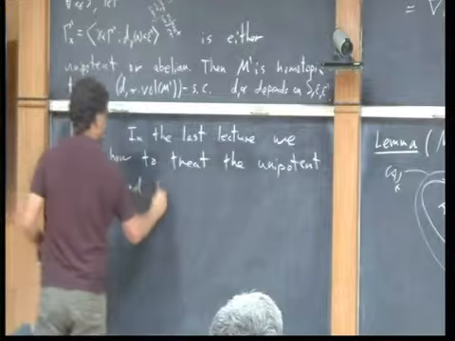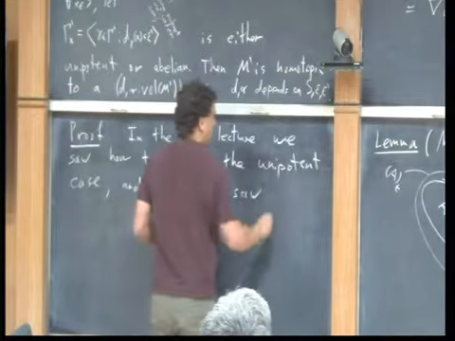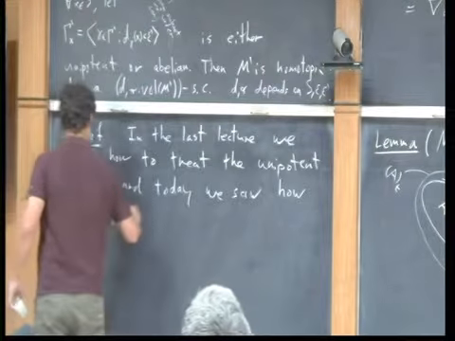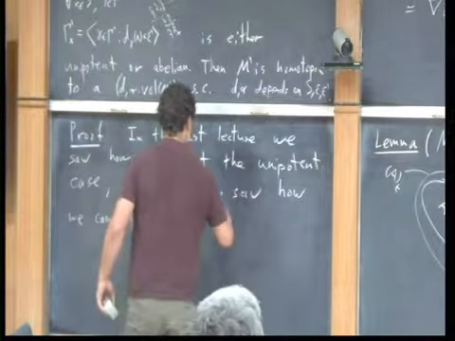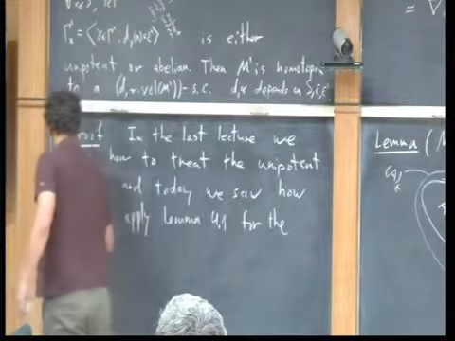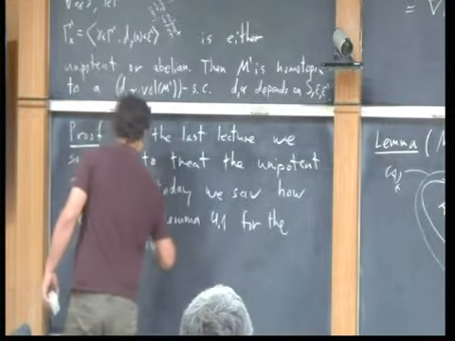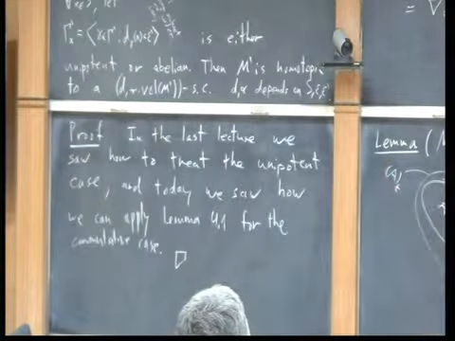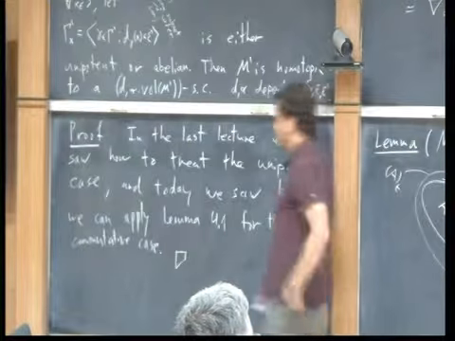And today, we saw how we can apply lemma 4.1 for the abelian case, the commutative case. If you recall, lemma 4.1 required us a direction and a constant, and they are on the board. Okay, so we are fine.